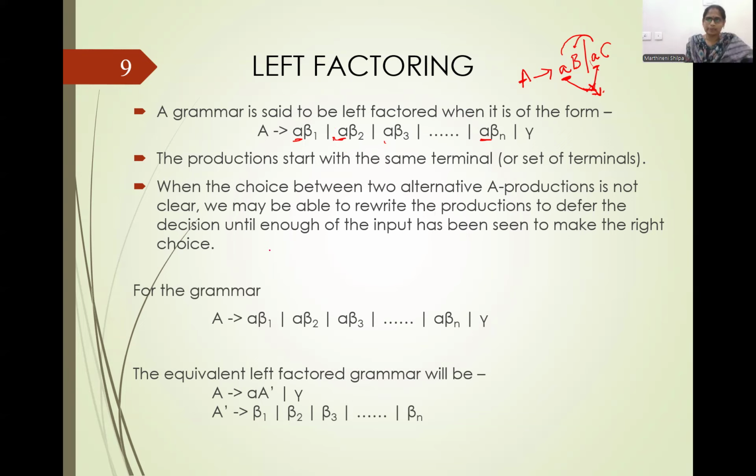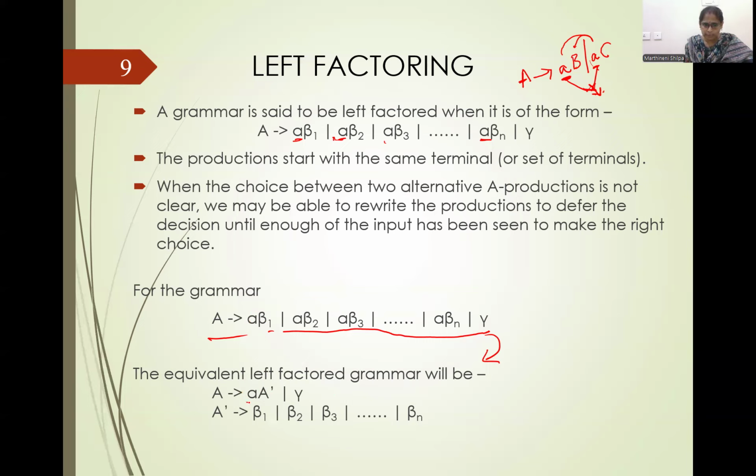How are we going to remove this left factoring? The equivalent grammar should be written for the left factored grammar. This is a left factored grammar, and for this grammar, the equivalent grammar will be written by removing the left factoring. Now all the productions are going to generate strings which start with alpha.